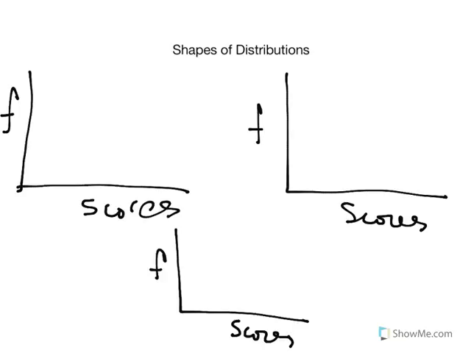So let's go ahead and lay them out. Some shapes of data, and one of the more common ones that we will be talking about is actually called a normal distribution. But let's not talk about that right now.